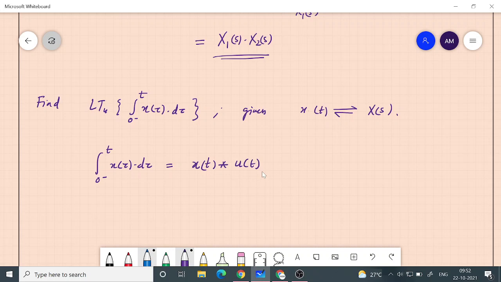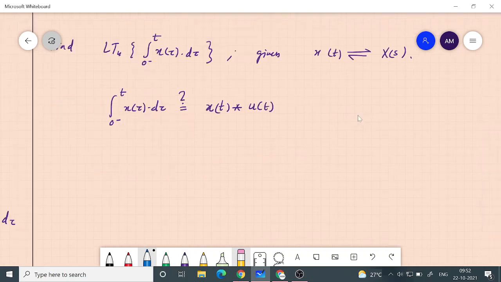So let's see whether this is true or not. Let's apply the formula for convolution. We have not shown that it is true, but let's check whether it is true.